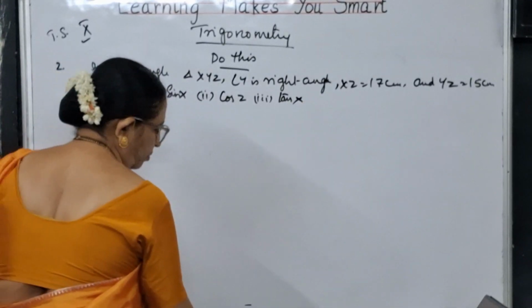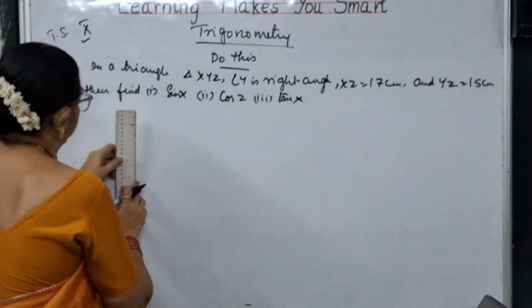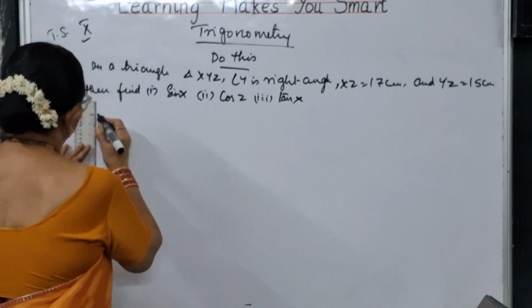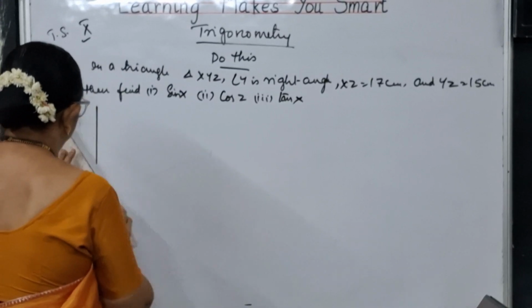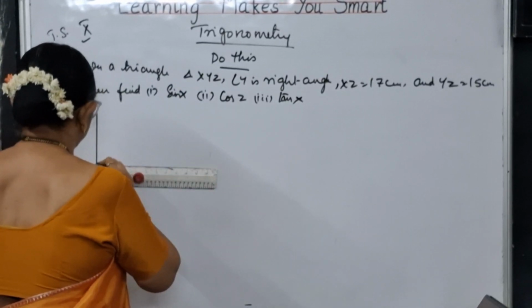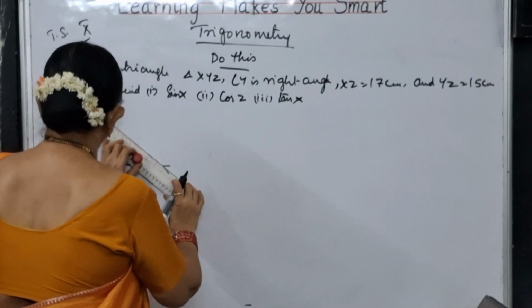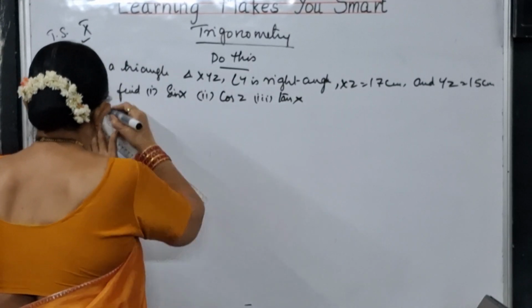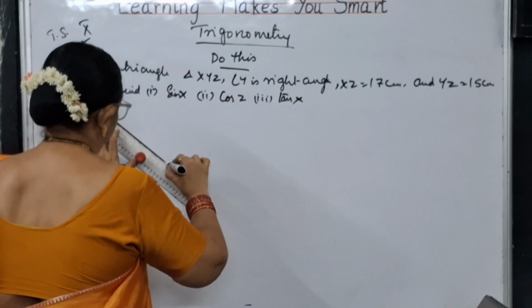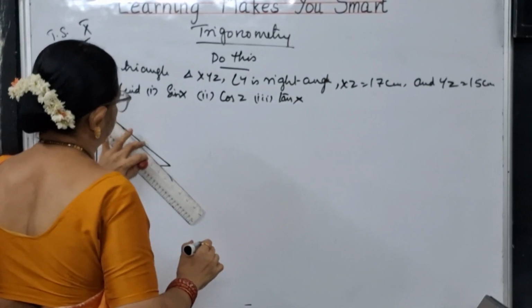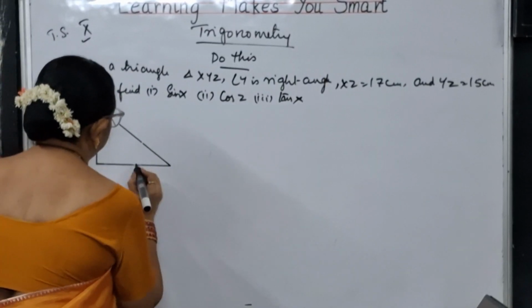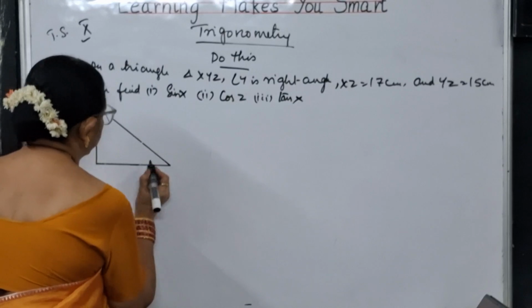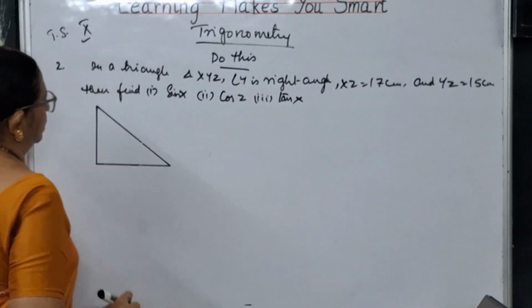So first let us draw the triangle. A triangle XYZ. So let me draw the triangle XYZ. This is a right angled triangle. In this, what they have mentioned? They have mentioned that Y is 90 degrees.